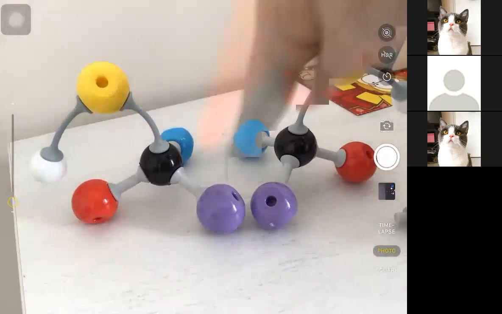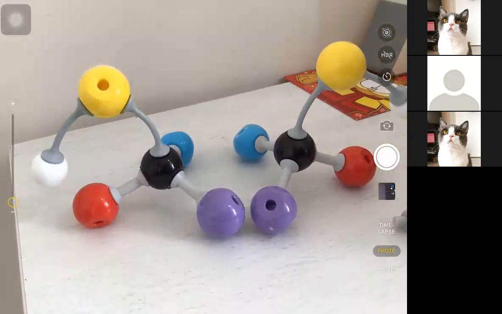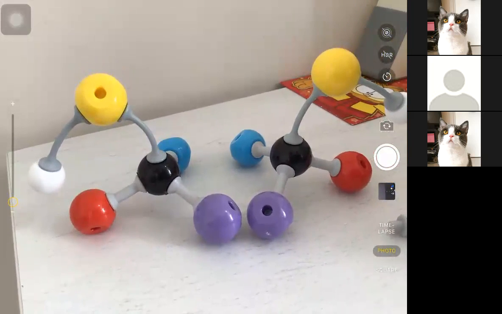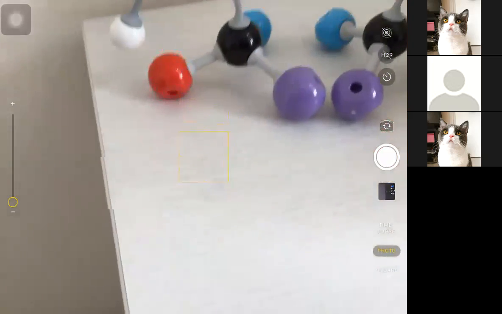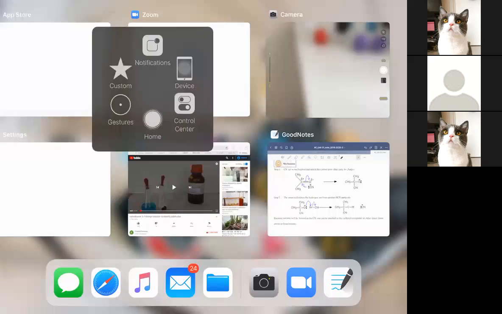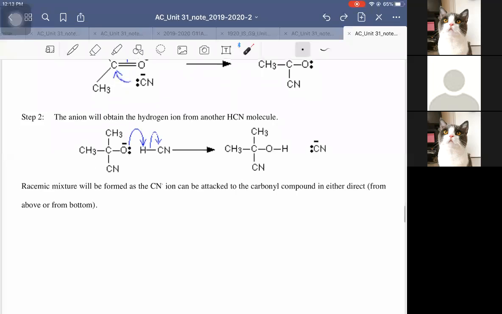So if we have an asymmetric alkene, because the cyanide can attack from the top or from the bottom, it will form the optical isomers, a racemic mixture. Okay, so that's the mechanism.